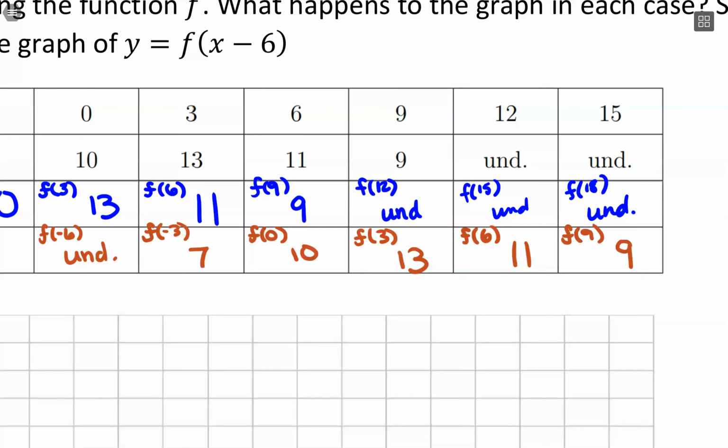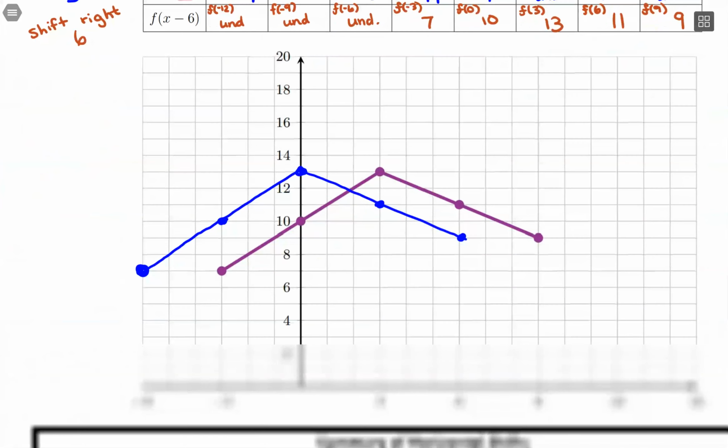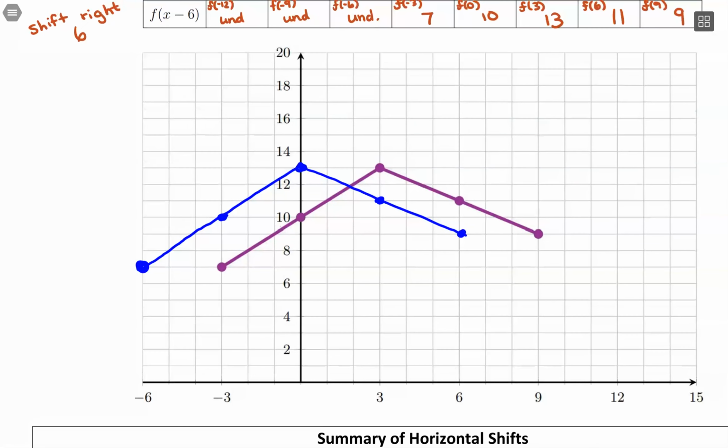So with this case, let's look at x equals 6. What we're doing is x is moving to the left 6 spots. So the y value that we're grabbing is coming from 6 spots to the left, and we're moving it to the right 6 spots. So what this will look like is, let's see, our function starts at +3 and 7, and then that, and that, and that, and that.